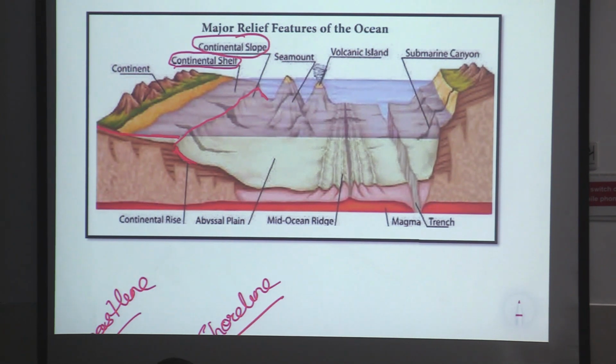And continental slope is paving way to right here. What is this bottom called? Abyssal plain, as we referred just a few minutes back. So, which are the 3 major physiographic units? It's continental shelf right here, continental slope here and deep sea plain here.